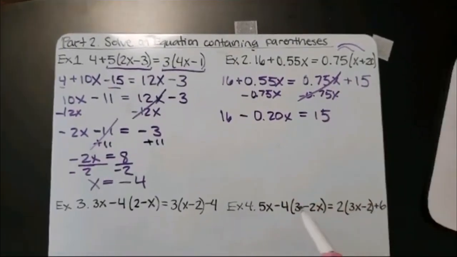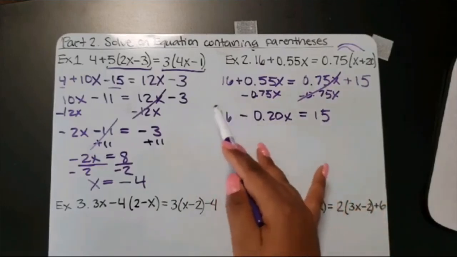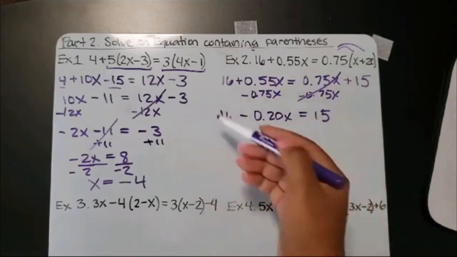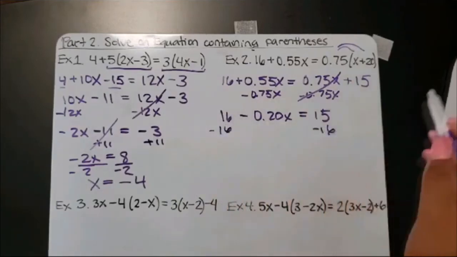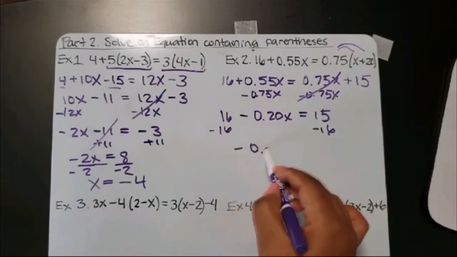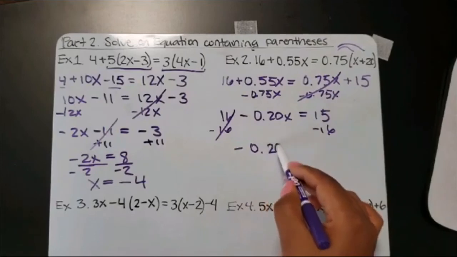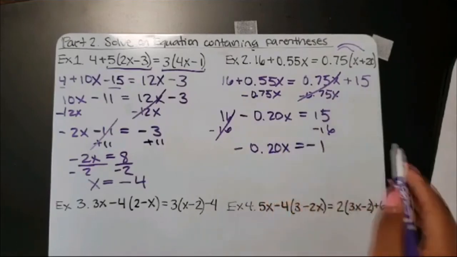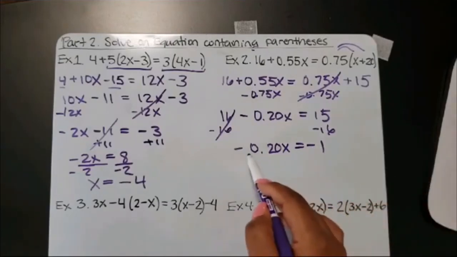Now, we have our x term on the left side, which is what we want. Now we need to get this constant over here. The constant is now positive, so the way to remove it is to subtract 16 on both sides. So that's going to give us negative 0.20x equals negative 1. All right.